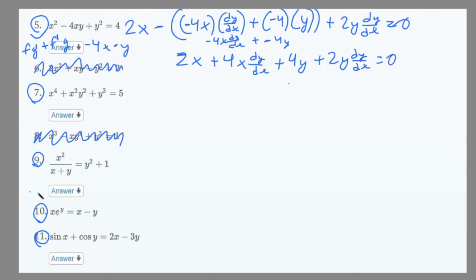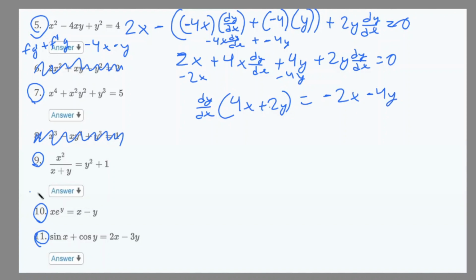So what we'll do here is we'll leave the dy dx on the left side, and we'll take the 2x and then 4y to the right side. So if you just subtract by 4y, subtract by 2x, we're going to be left with dy dx times 4x plus 2y is equal to negative 2x minus 4y.